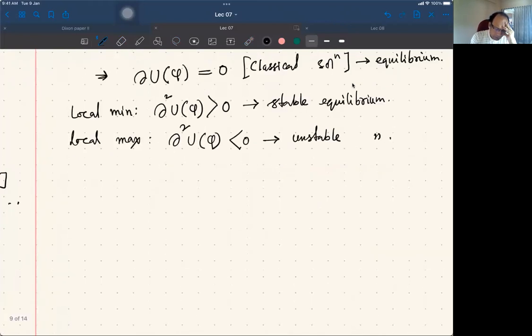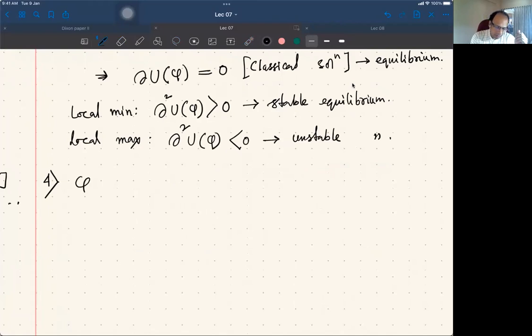Now, in the context of quantum field theory, what does this curly phi mean? The curly phi characterizes the vacuum of the theory. When you do the canonical quantization, the minimum energy state in that canonical quantization is the vacuum state. So that is characterized by curly phi.